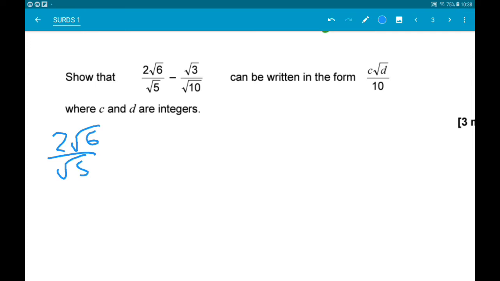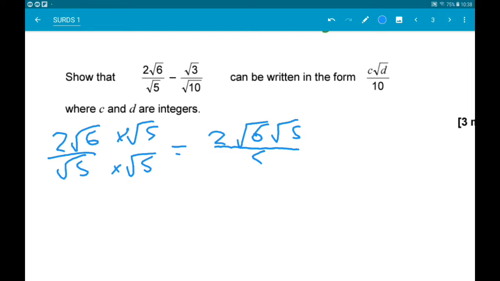So up on the top one we are going to have 2 root 6 root 5. And on the bottom we're just going to have 5. Now up on top, root 6 root 5 is root 30.